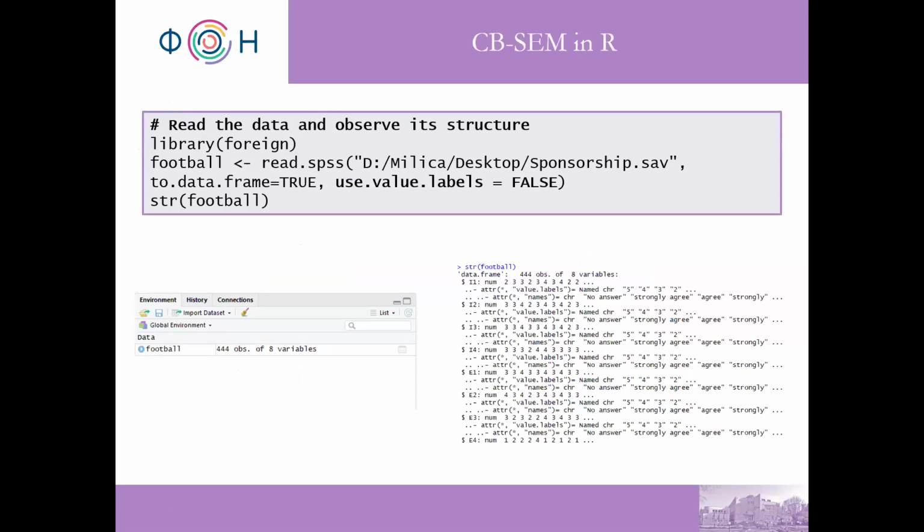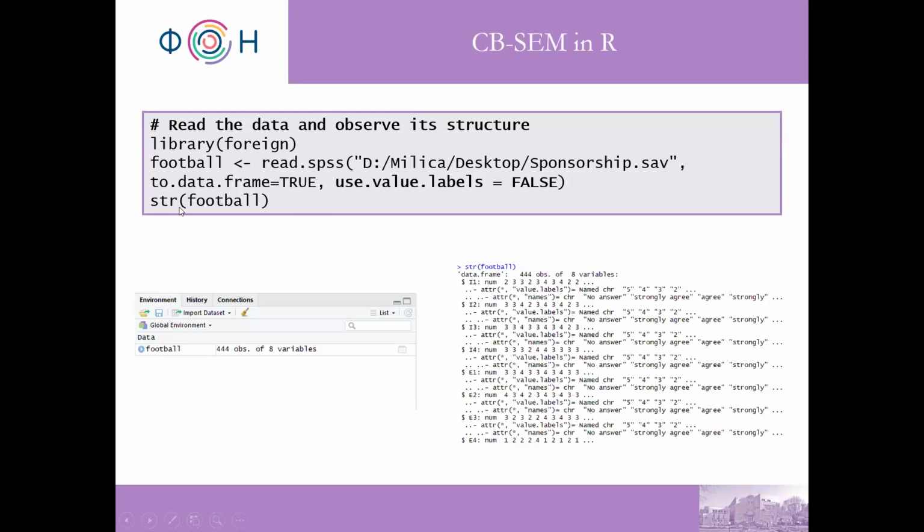Let's call our data matrix football. The function we need to read our SPSS file is read.spss. The parameters of our function are where our data set is stored, and additionally two parameters related to whether we want to use the labels from our data set or not.